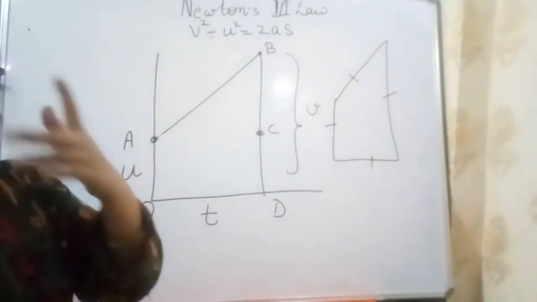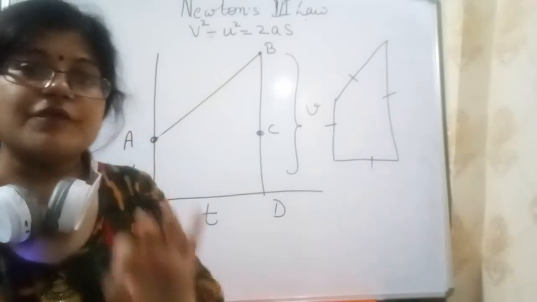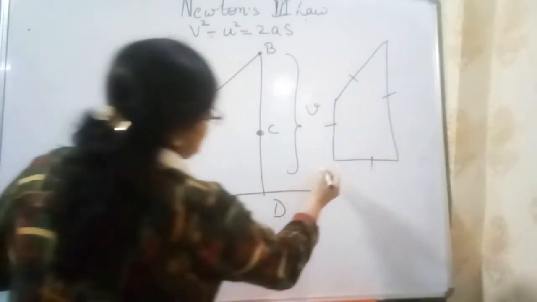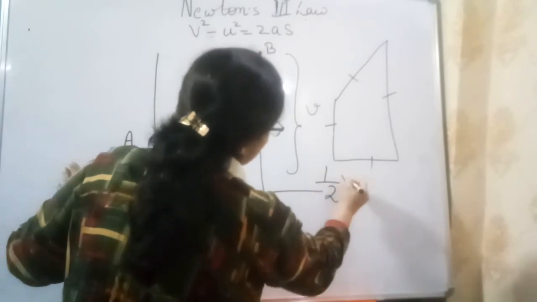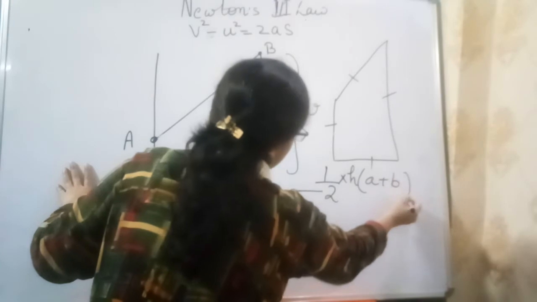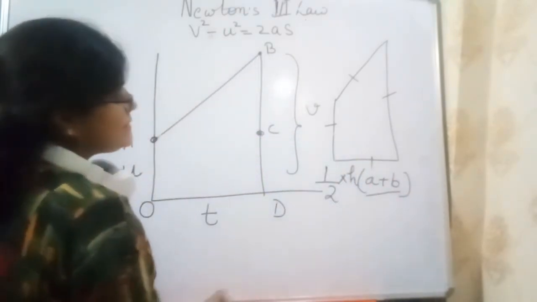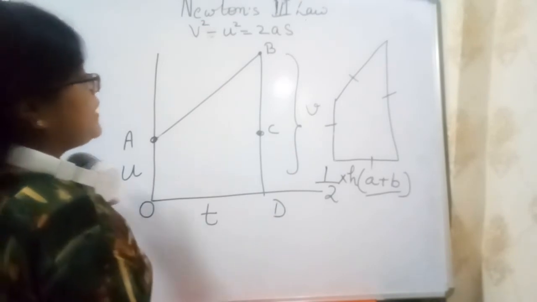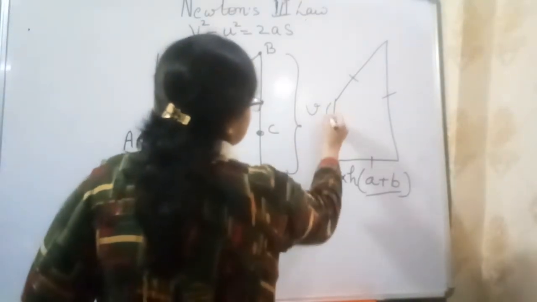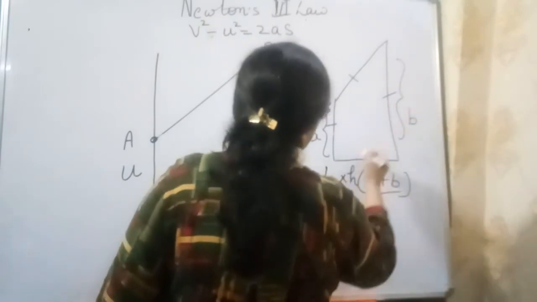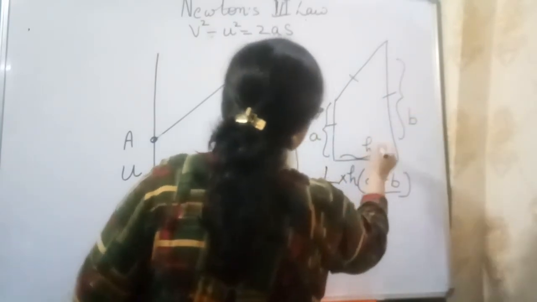Now the formula to find the area of a trapezium is half H into A plus B, where A and B are the parallel sides and H is the height of the figure. Clear? Now here we take this side A, this side B and this side is H.